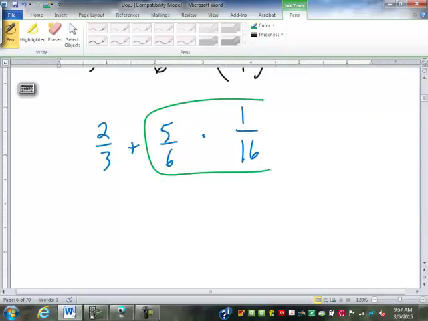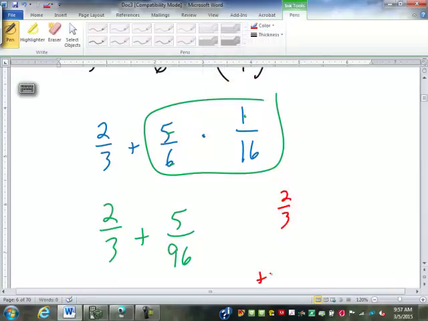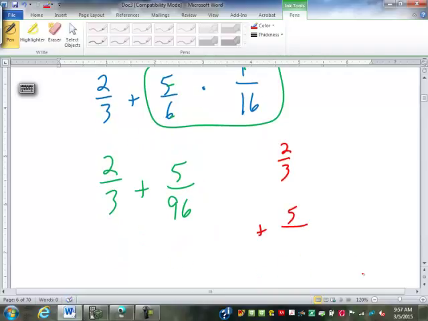5/6 times 1/16. Can we cross cancel anything? No, we can't. 5 times 1 is 5. 6 times 16 is 96. And now all we have left is 2/3 plus 5/96. The common denominator is going to be 96, so that'll stay 5/96.